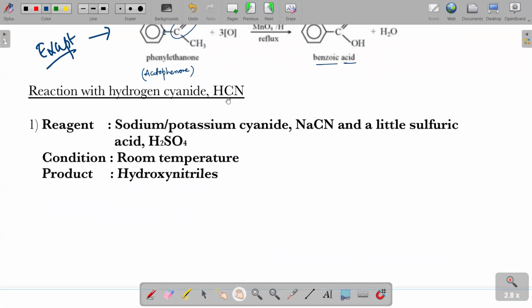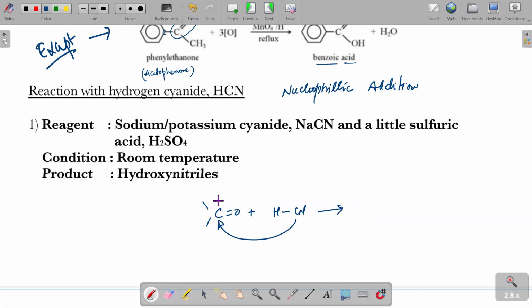Here, the reaction with hydrogen cyanide is an example of a nucleophilic addition reaction. To remember it easily, remember HCN. It is an addition reaction. So this molecule will add: CN will add on the partial positive carbon, and hydrogen will add on oxygen.